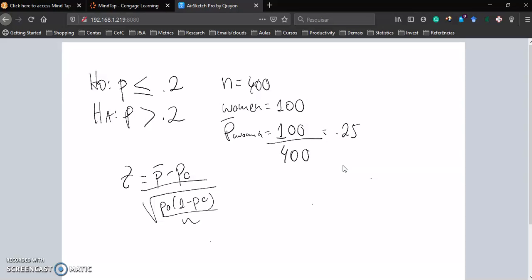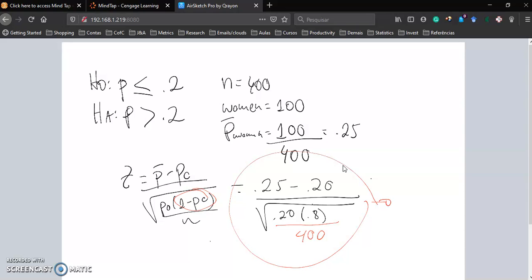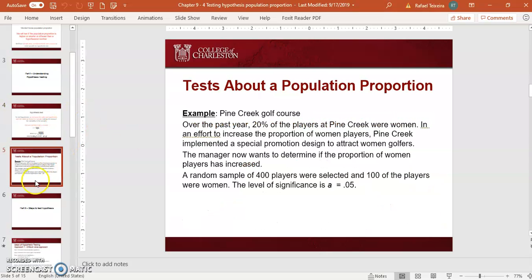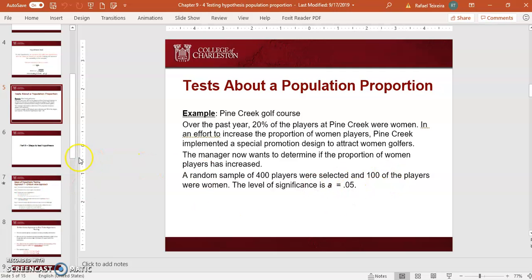So my z would be 0.25 minus 0.20 divided by the square root of 0.20 multiplied by 0.8, since 1 minus 0.20 is 0.8, divided by 400. So I do this math and I get the z statistic. And the level of significance is 0.05.